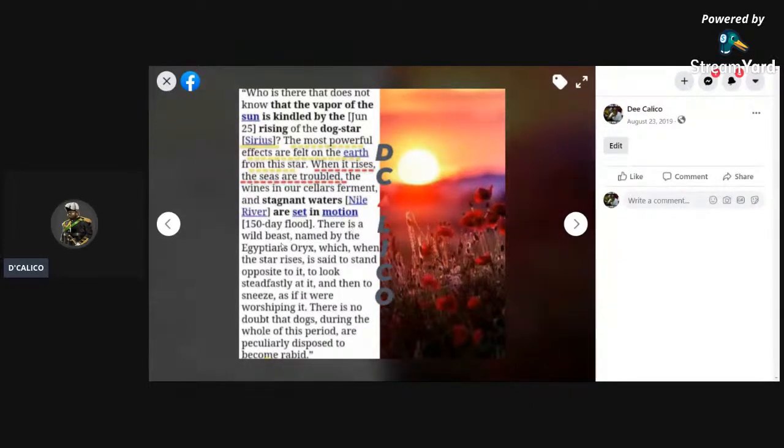There's a wild beast named by the Egyptians Oryx, which, when the star rises, is said to stand opposite to it, to look steadfastly at it, and then to sneeze as if it were worshiping it. There is no doubt that dogs, during the whole of this period, are peculiarly disposed to become rabid.